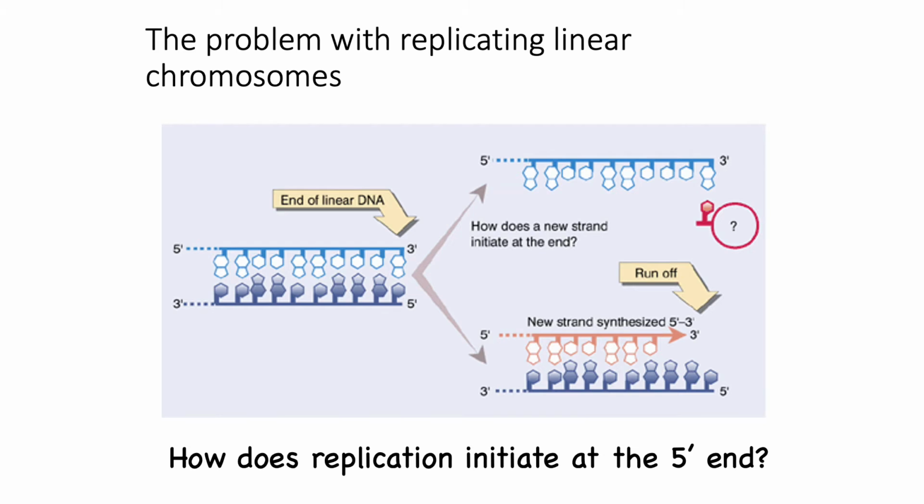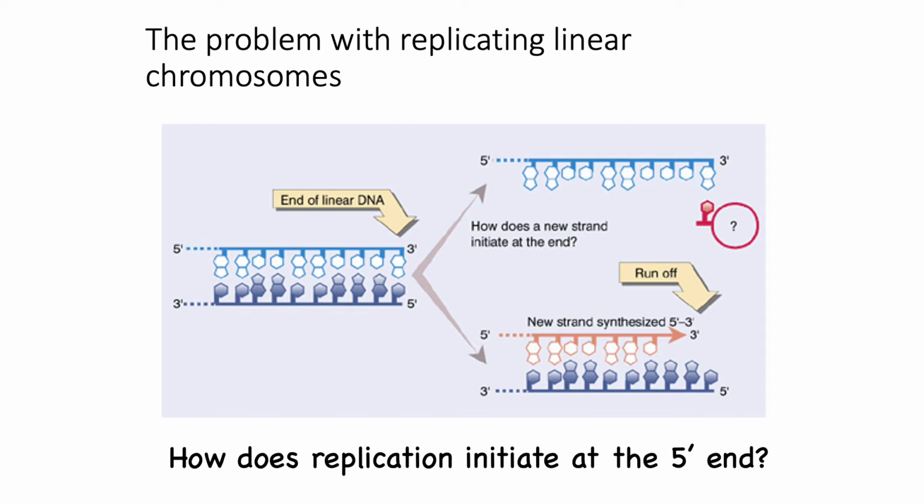Now, one problem that arises when replicating linear chromosomes is, what do you do at the ends? Because as I mentioned, the polymerase can only go in the 5' to 3' direction. So on the one strand, it can't go to the end.